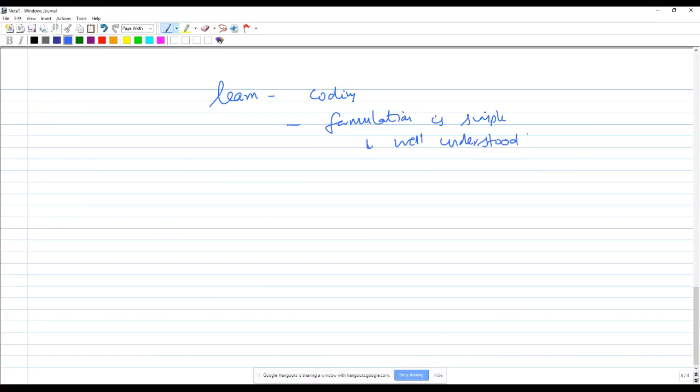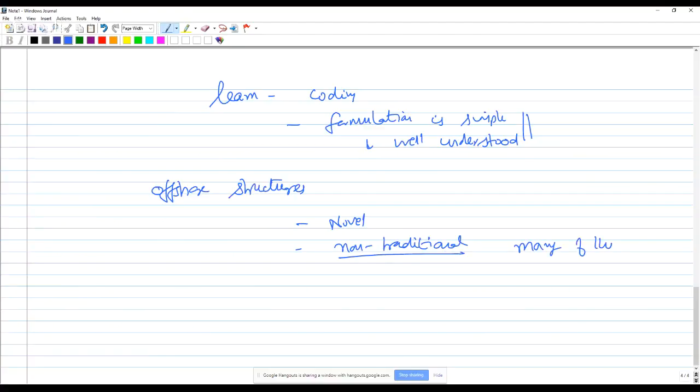Now, this is very important because in offshore structures, the structural systems we use are novel and non-traditional. I should say non-traditional in the sense that many of the common software cannot solve problems related to offshore structural analysis.